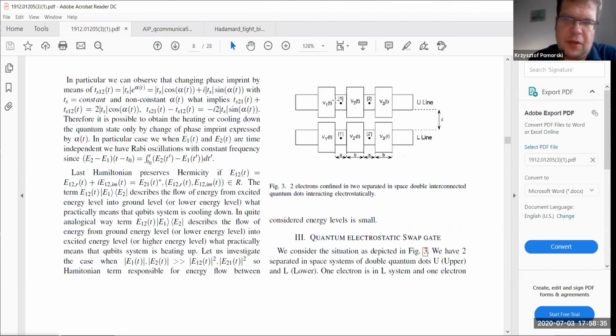You have three voltage-control gates that control the state of the qubit between 1 and 2, and again three gates that control the state of the qubit between 1 prime and 2 prime. So this is the swap gate. This is the way you can do a swap gate.